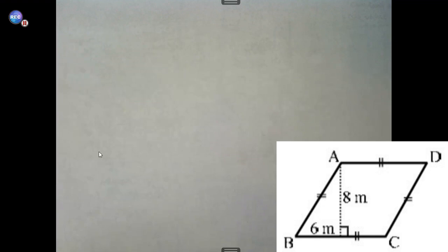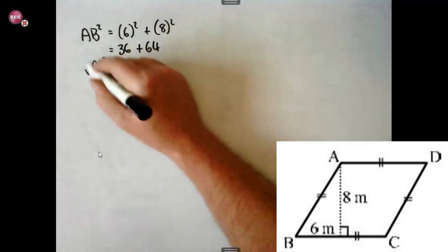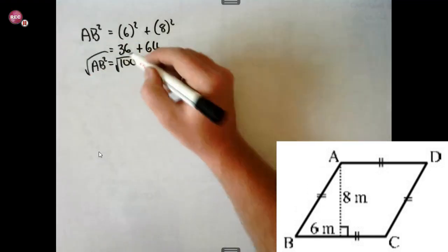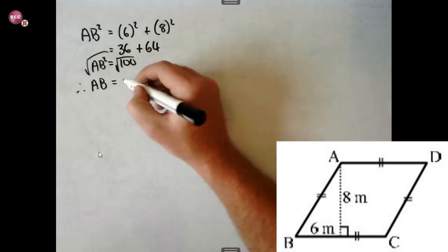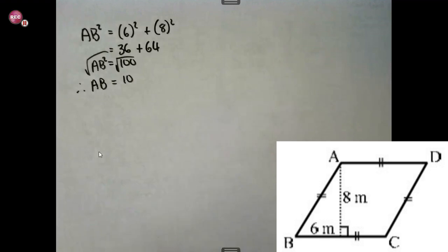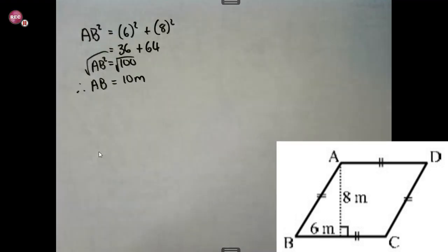That will give you a total of 100. So AB squared is 100, but we're looking for AB, so we square root both sides. Therefore, AB is equal to 10 meters in this regard, because that is the unit of measurement that was utilized.